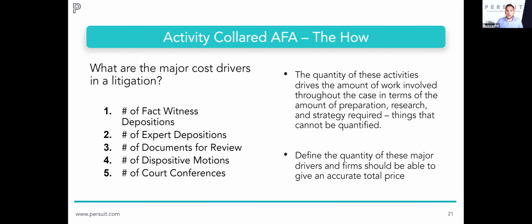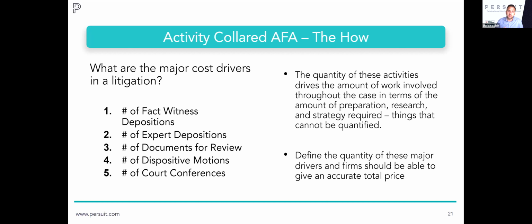And then by giving those assumptions and then asking firms for a price, the firms are going to have enough information to figure out how much strategy they're going to need, how much analysis is going to be required. There will be other things that need to take place and things that are hard to quantify. But what we're arguing here is that by quantifying the major cost drivers, you're going to be able to come to an agreement on the total price that's fair, because those major cost drivers dictate how much prep work is required, how much document production and review there is going to be.